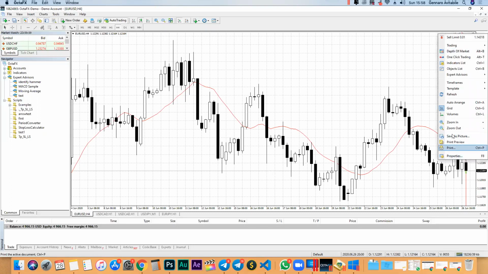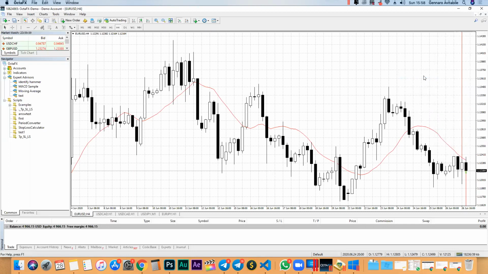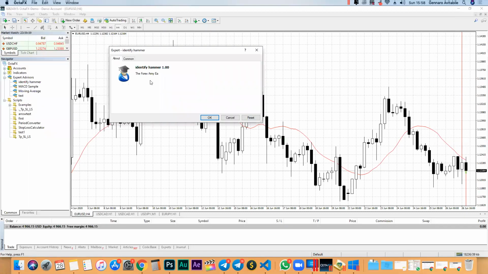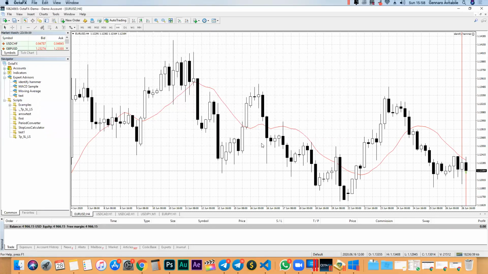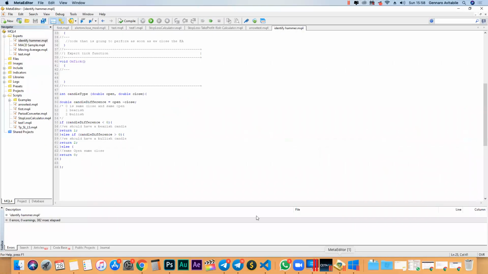Let's remove the expert advisor and run identify hammer again. It says we have a 2, oh that's weird. I guess we definitely did something wrong. Let's check this again.